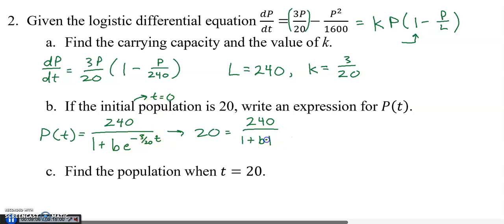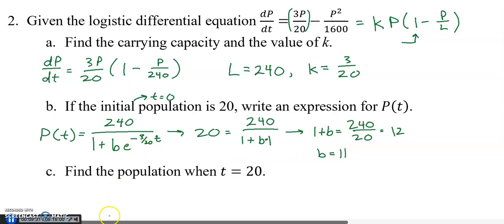All right, so 240 divided by something equals 20. Again, do that same switcheroo with the 20 in the denominator, and we can see that 1 plus b, let's not swap the order, don't want to confuse anyone, is equal to 240 over 20, which is 12. So if 1 plus b equals 12, then b must equal 11.